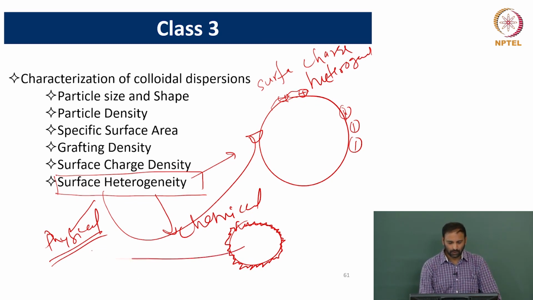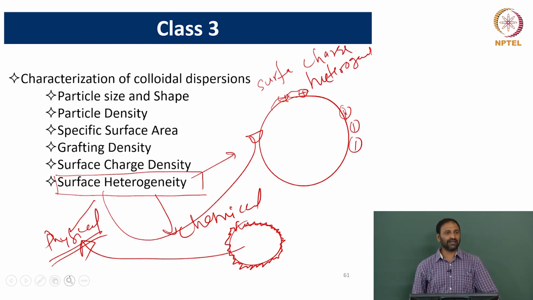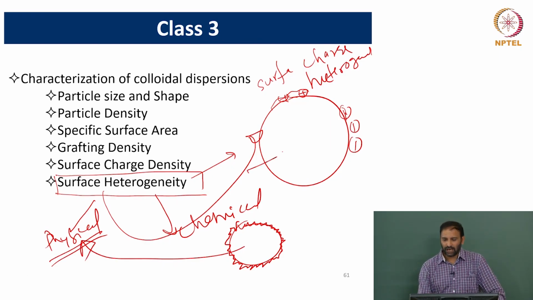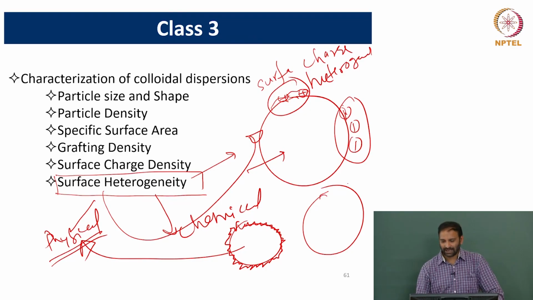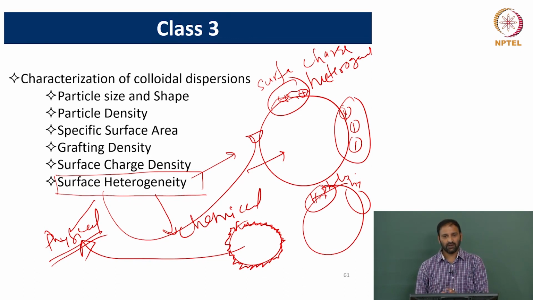And that is an example of physical heterogeneity. Or you could have a case where I have patches on the particle surface that are positively charged and patches that are negatively charged, or a patch which is hydrophilic and a patch which is hydrophobic. These are examples of chemical heterogeneity, and one also needs to characterize them.